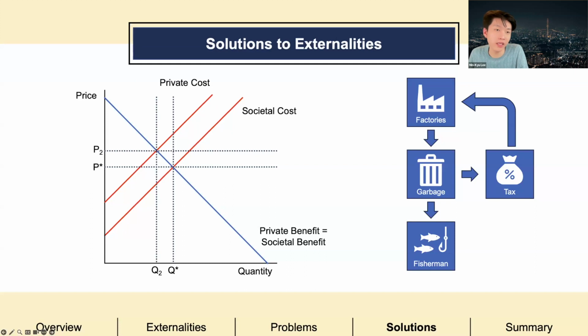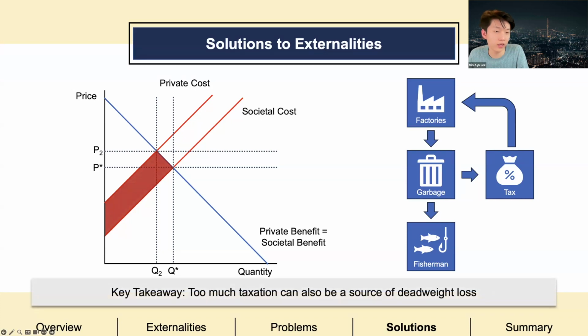That means, again, deadweight loss, shown in this red area here. And so what we can conclude from this is that in the same way that no taxes cause deadweight loss when there's an externality, too much taxes can also cause deadweight loss.